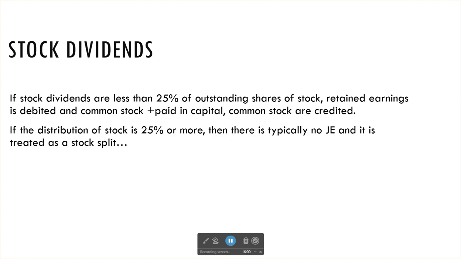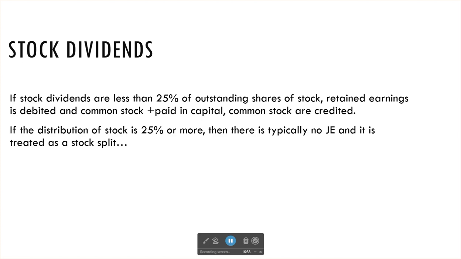If it's a large stock dividend, because the fair value of that stock could be quite high, you're taking a lot out of retained earnings. And so if it is a big amount, you have options. One of those options is to record it at par. So instead of taking the market price of the stock out of retained earnings, you're taking the par value of the stock out of retained earnings. That's something that could be done.